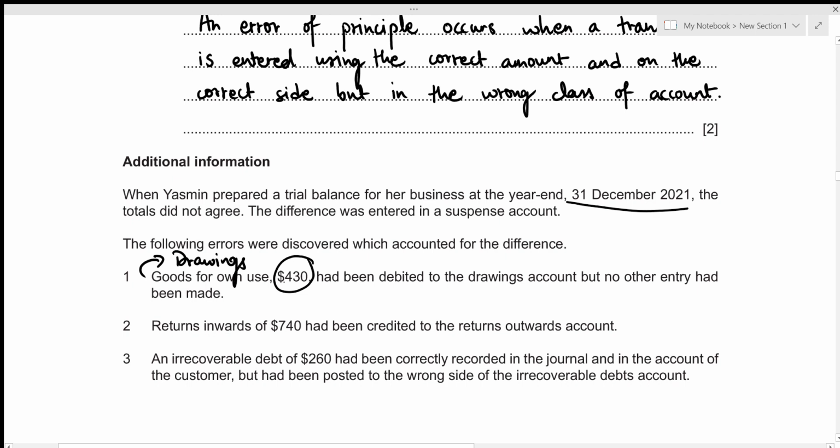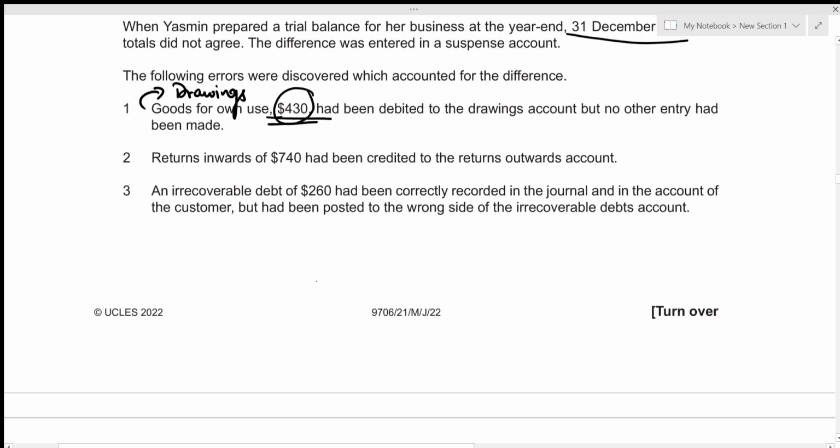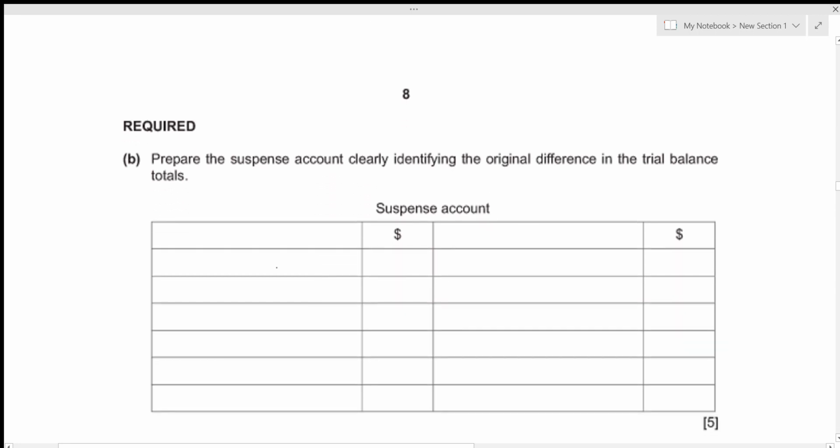Since we are subtracting this 430 from purchases, and in a trial balance purchases is always recorded on the debit side, and a decrement should be recorded on the same side, we need to record this 430 on the debit side under the heading of purchases in our suspense account. We do not know whether our opening balance will be on the debit or the credit side, so let's leave a line above and record the purchases reduction of 430.